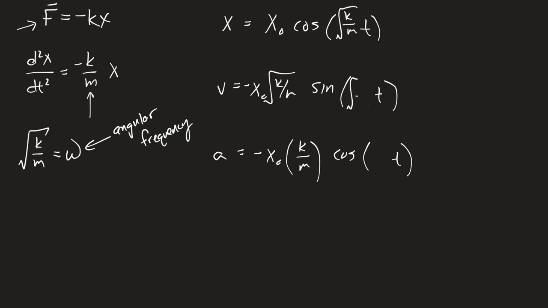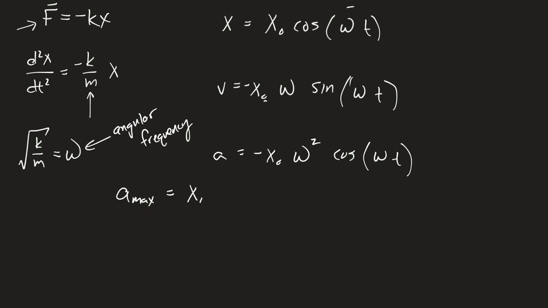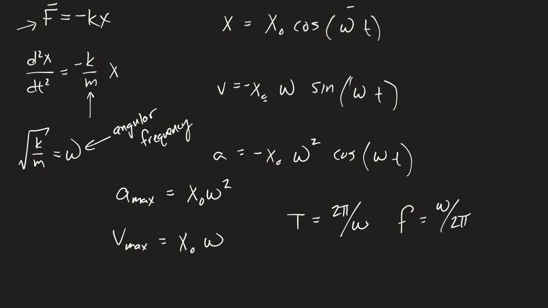So all of this written as omega here, omega there, and omega squared there, which means A max is x naught omega squared, V max is x naught omega, period is 2 pi divided by omega, and frequency is omega divided by 2 pi.